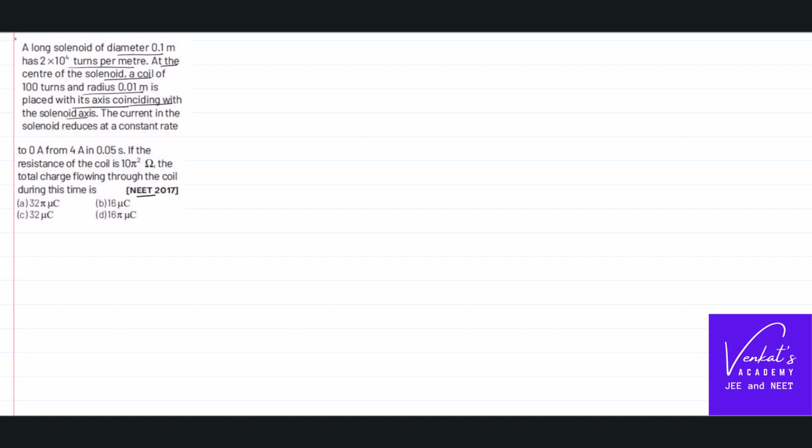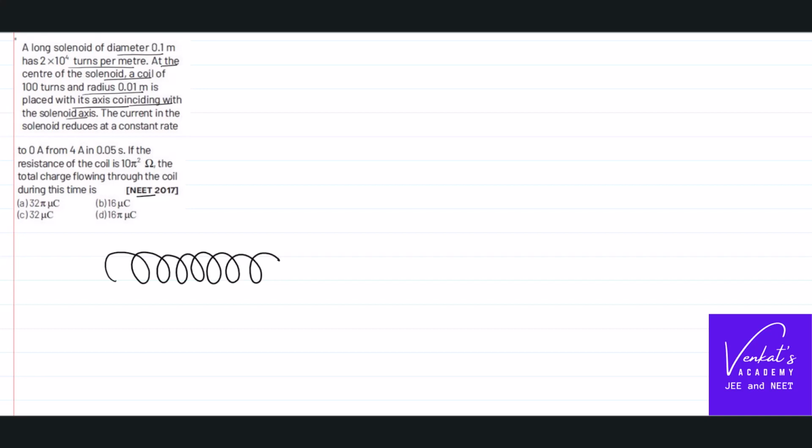Let me quickly draw a diagram and show you what it means. There is a solenoid, a long solenoid whose length is much bigger than the radius, whose data is given, like the number of turns. Whatever the data, we will use it as and when required.